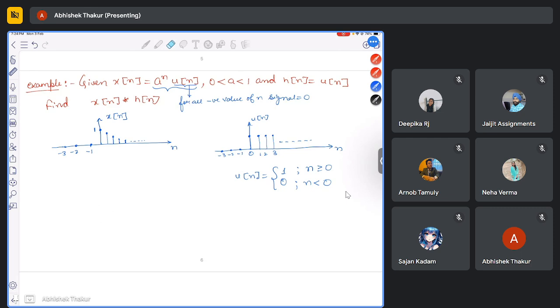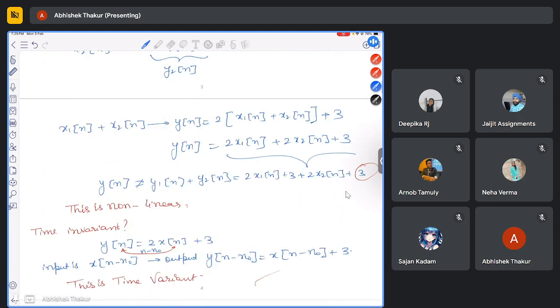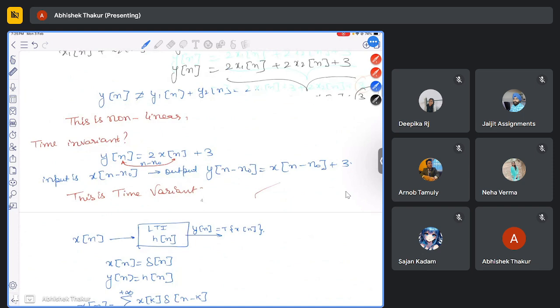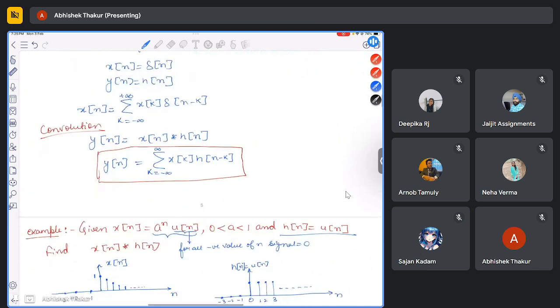And this is our u[n], and here h[n] is equal to u[n], as given in this question. So this is also h[n]. Now we have to find x[n] convolved with h[n]. So what is the equation we wrote here? The convolution equation, this one. Okay.